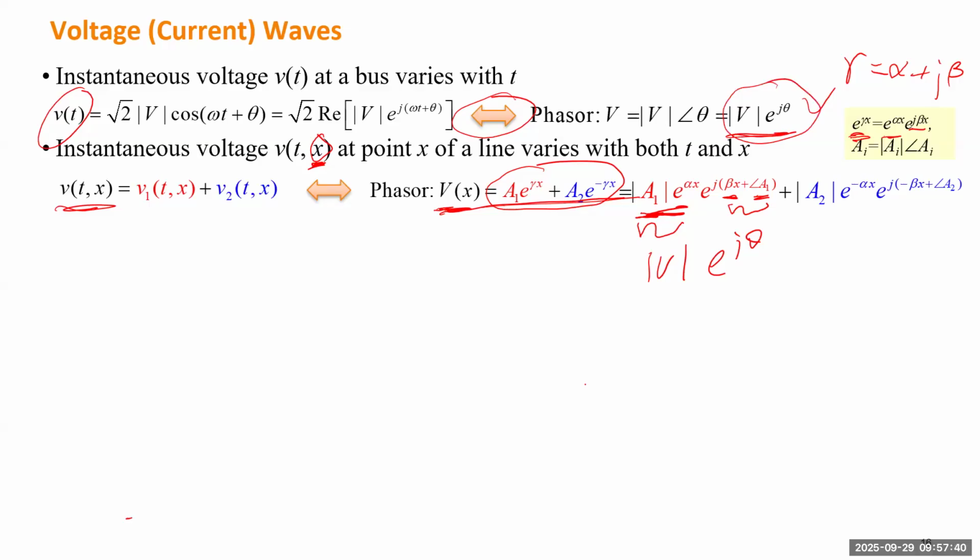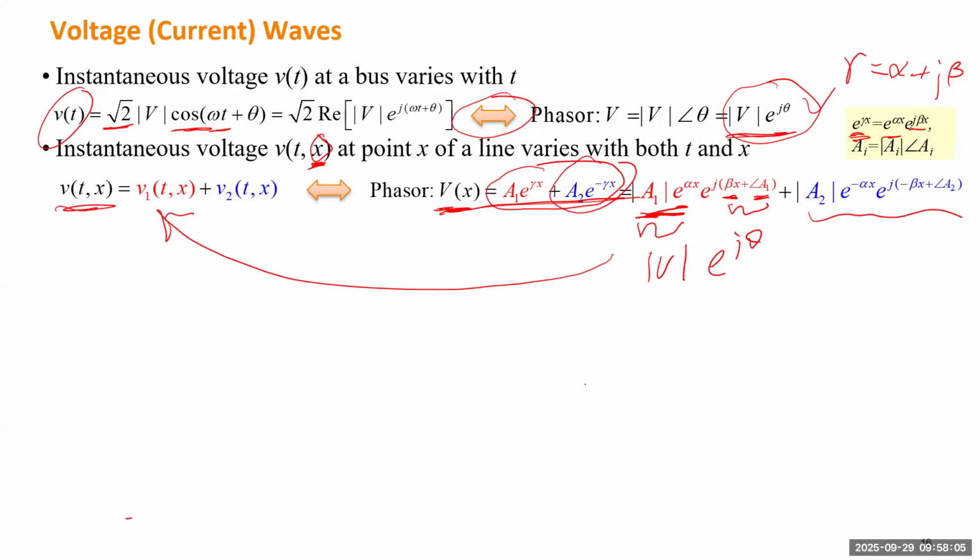Then we can try to guess what this instantaneous voltage is by adding the square root of 2 and also the cosine of omega t, right? We can easily create the instantaneous value starting from the first item. Similarly, the blue item comes from A2 times e to the negative gamma x.